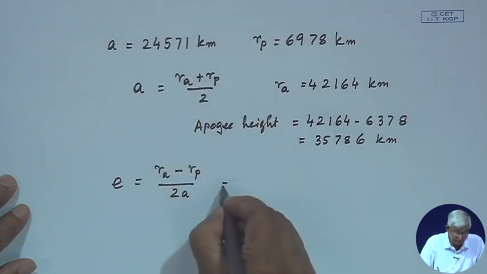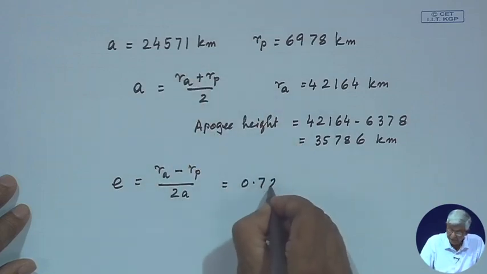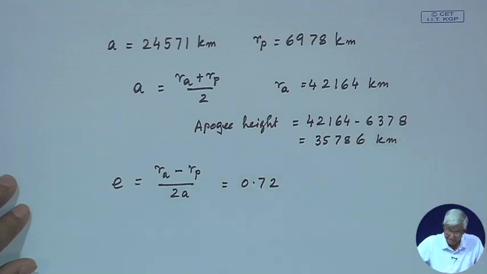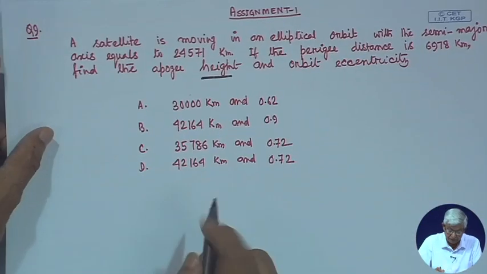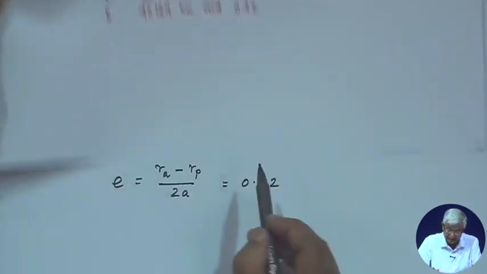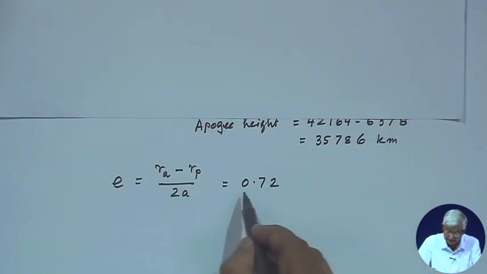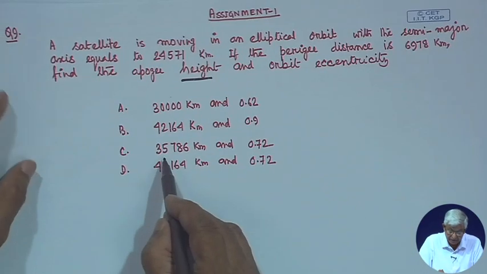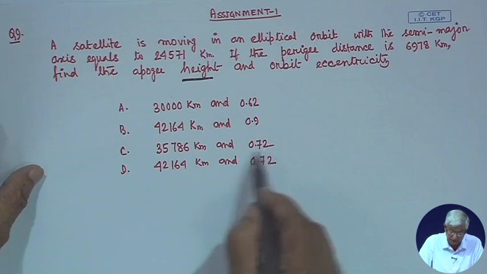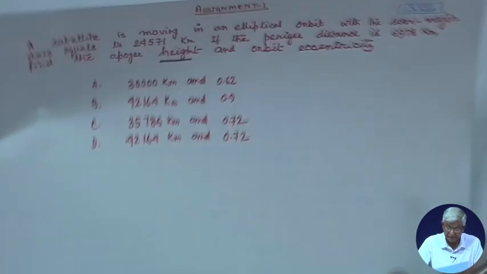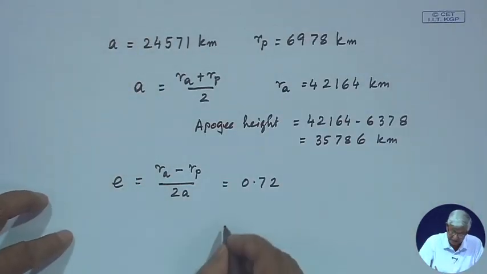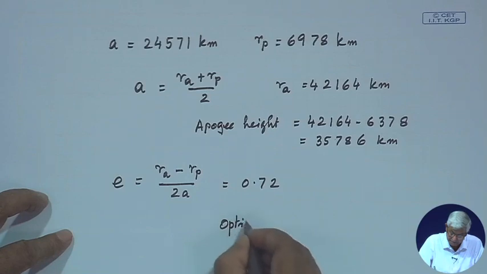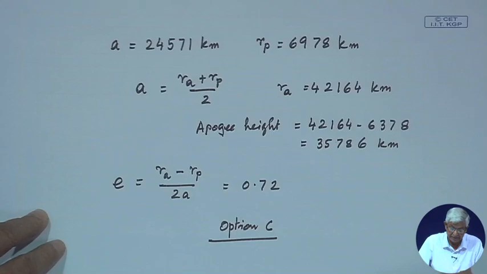So, it comes out to be 0.72, and the option which is matching is 35786 kilometer and 0.72, option C is the correct answer. These are all ellipse problems.